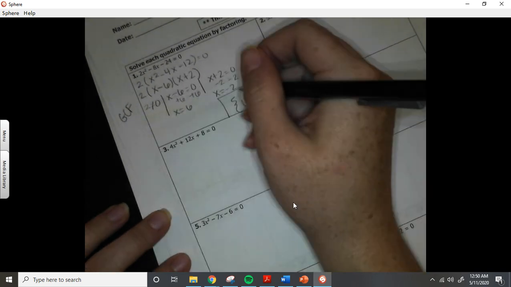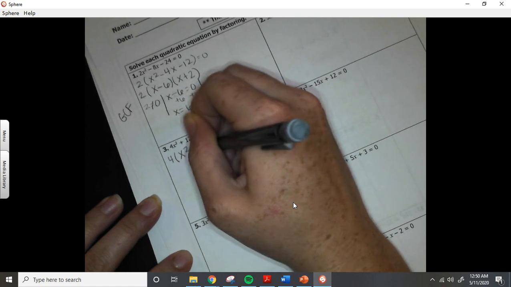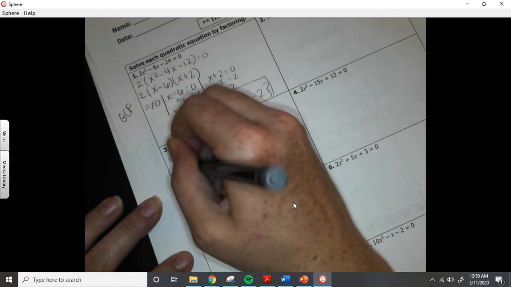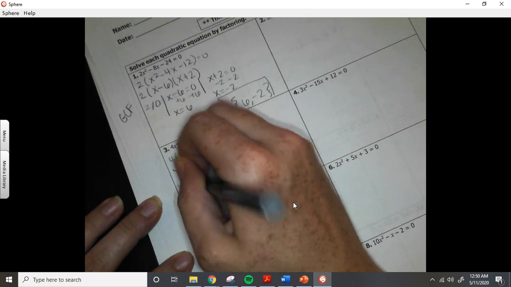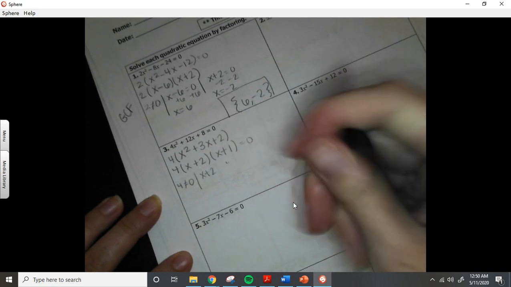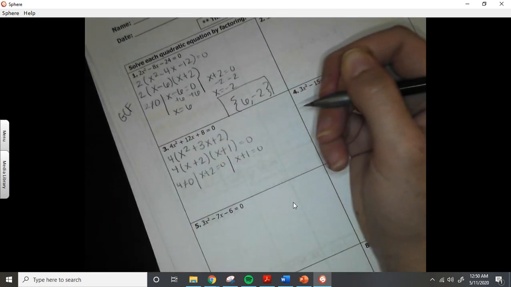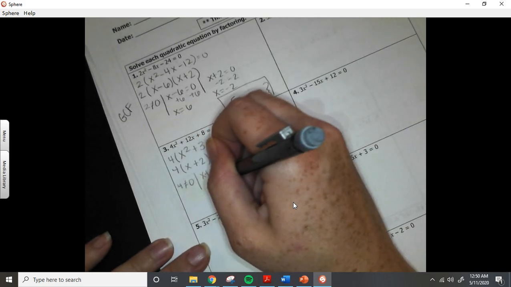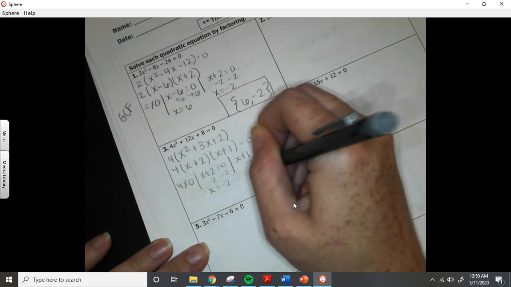Number 3 is also going to be a GCF. Take out a 4, leaving x squared plus 3x plus 2. So 4 times x plus 2 times x plus 1. 4 cannot equal 0, so x plus 2 equals 0 and x plus 1 equals 0. So x equals negative 2 and x equals negative 1.